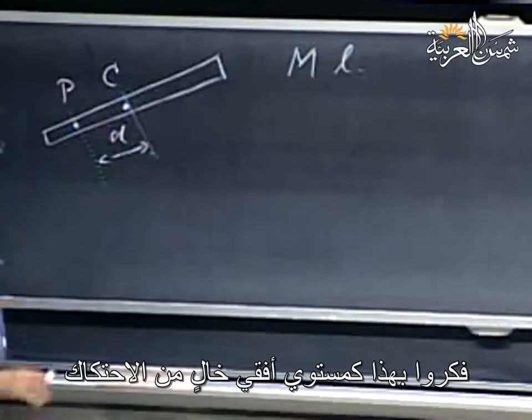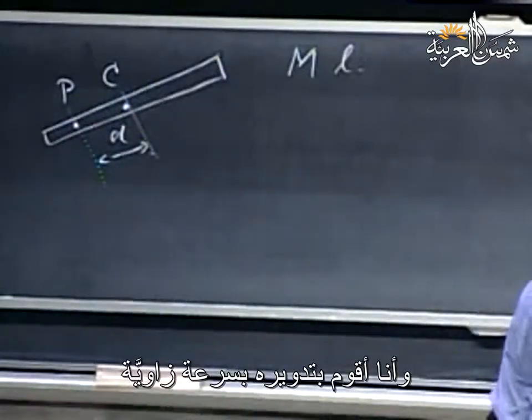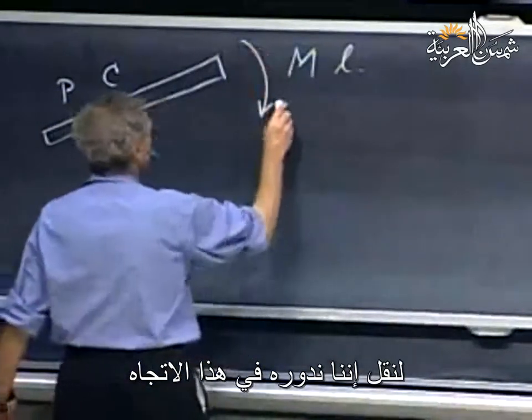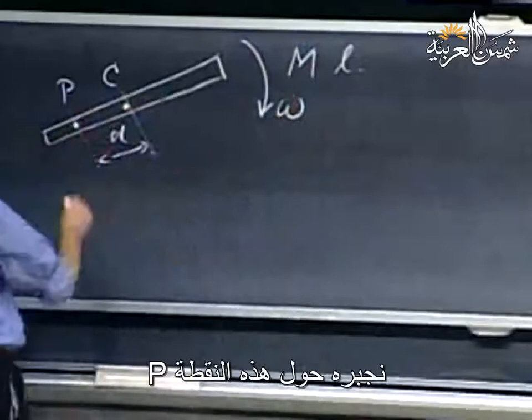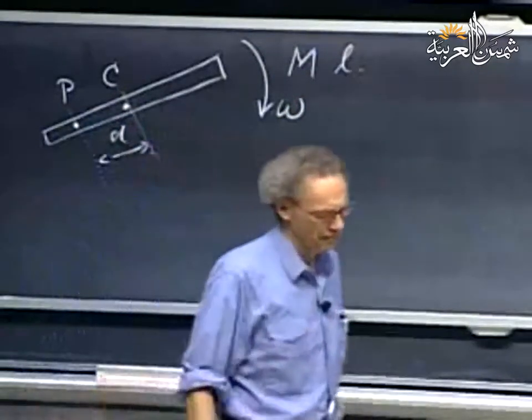Think of this as a horizontal frictionless plane, and I'm rotating it with an angular velocity. Let's say we rotate it in this direction, about that point P. I put a pin in there perpendicular to the blackboard, and I rotate it.